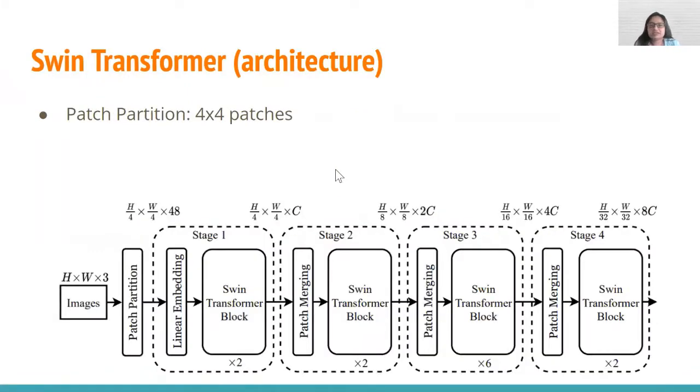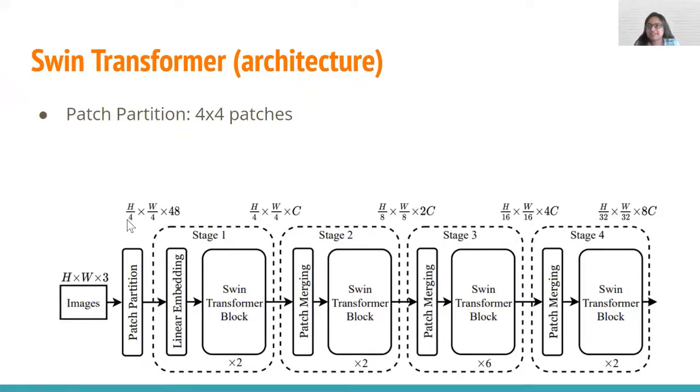This is the architecture of Swin from the paper itself. The four main blocks here are the patch partition, linear embedding, Swin transformer block, and the patch merging. In the patch partition, the image is partitioned. Here, the patch partition is 4x4 patches.